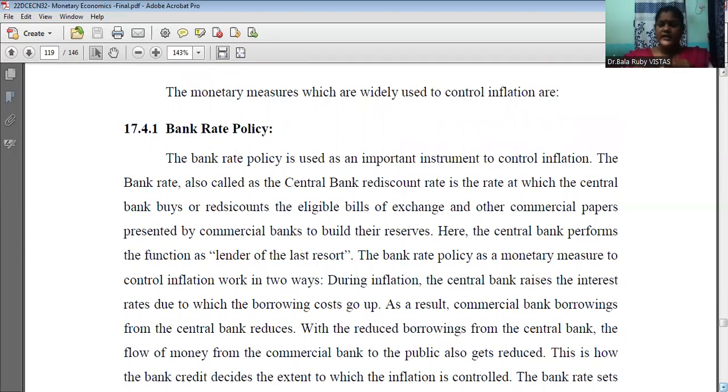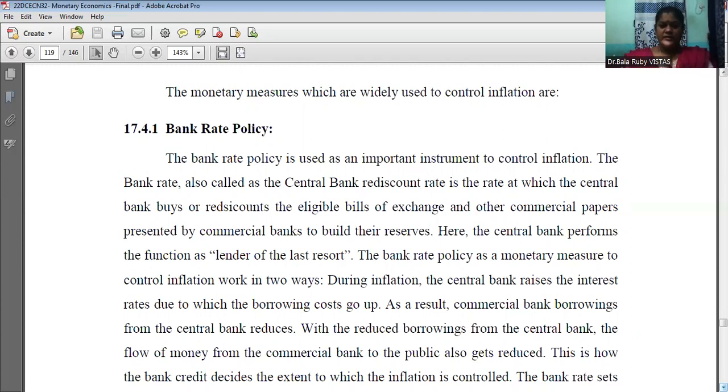Actually, it is the rate at which the central bank buys or rediscounts the eligible bills of exchange, as well as other commercial papers presented by commercial banks to build their reserves. Here, the central bank performs the function of lender of the last resort.